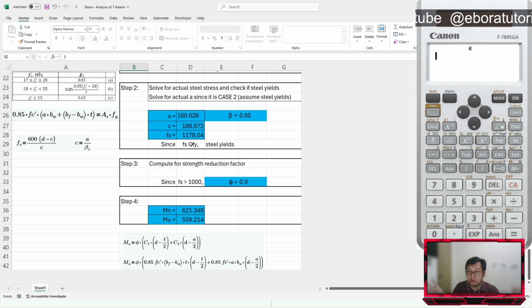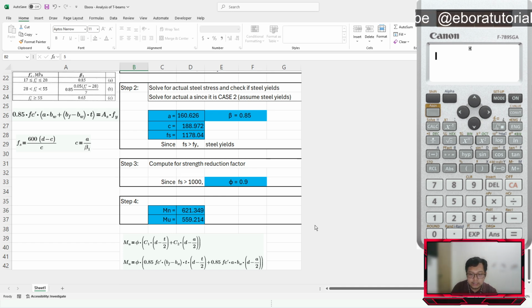There is so much concrete, unless a very large amount of steel is placed. Typically, steel yields first because of the big area of concrete in the flange.